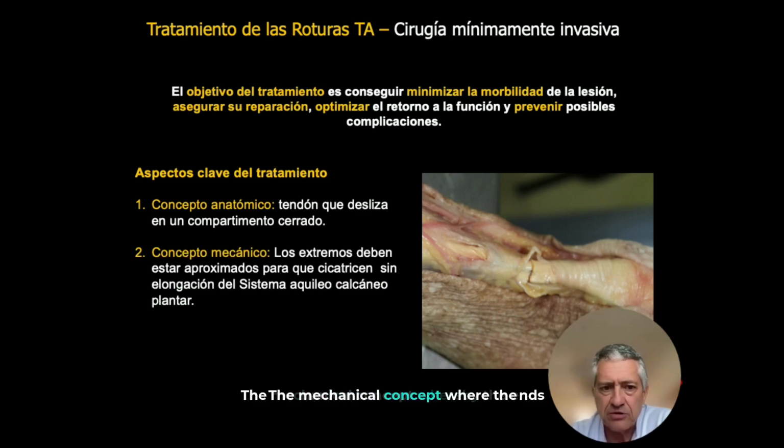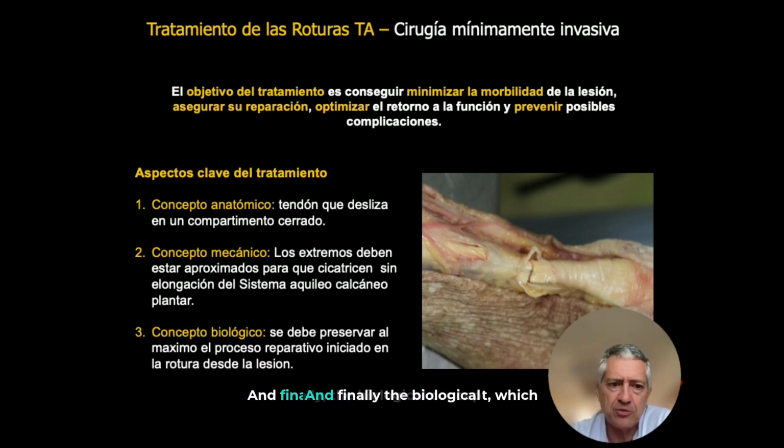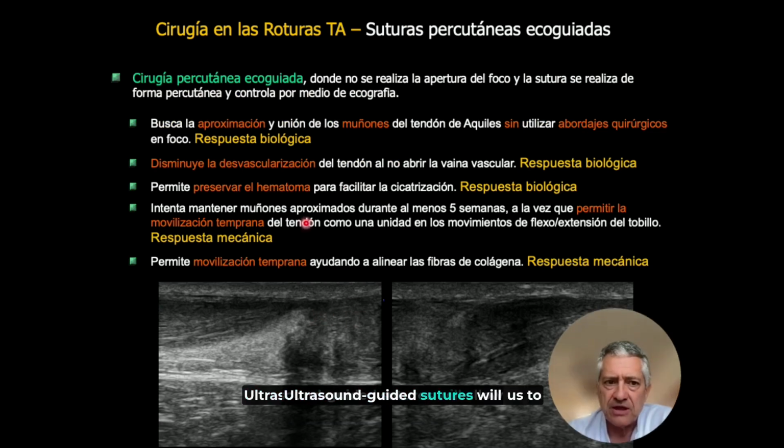The mechanical concept is that the ends must be approximated so that they heal without elongation, which is one of the major complications of conservative treatment. And finally, the biological concept, which is to preserve as much as possible the reparative process initiated in the rupture from the injury. Ultrasound-guided sutures will allow us to approximate and unite the stumps, thus answering this biological doubt because we do not use surgical approaches.